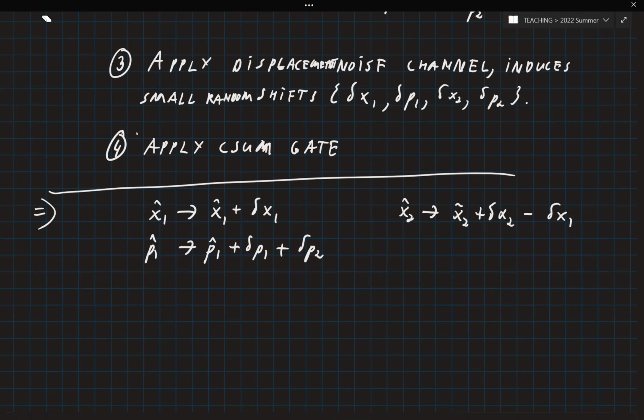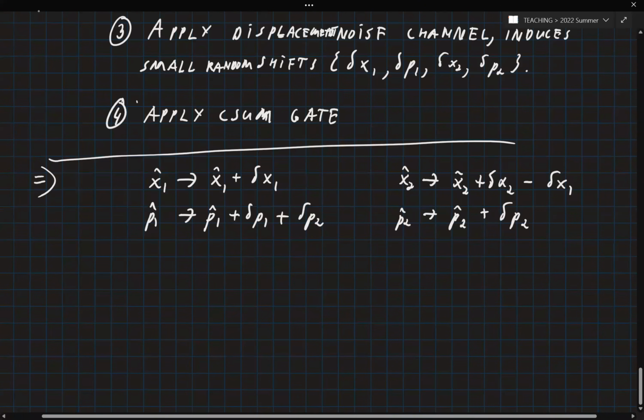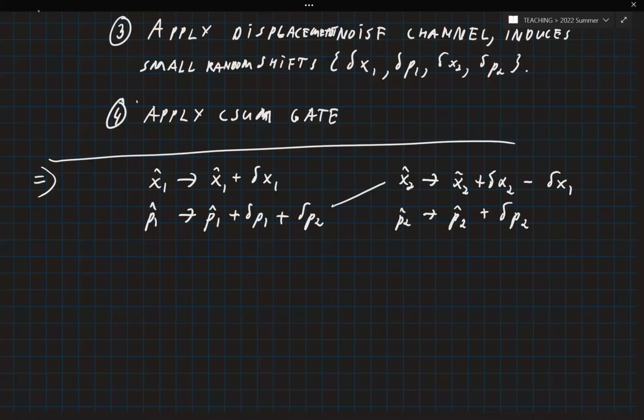And P2 isn't really touched by the C-sum gate. Well, so the C-sum gate here is here in order to extract some of, or to move some of the noise from the other quadratures into X1, into X2.